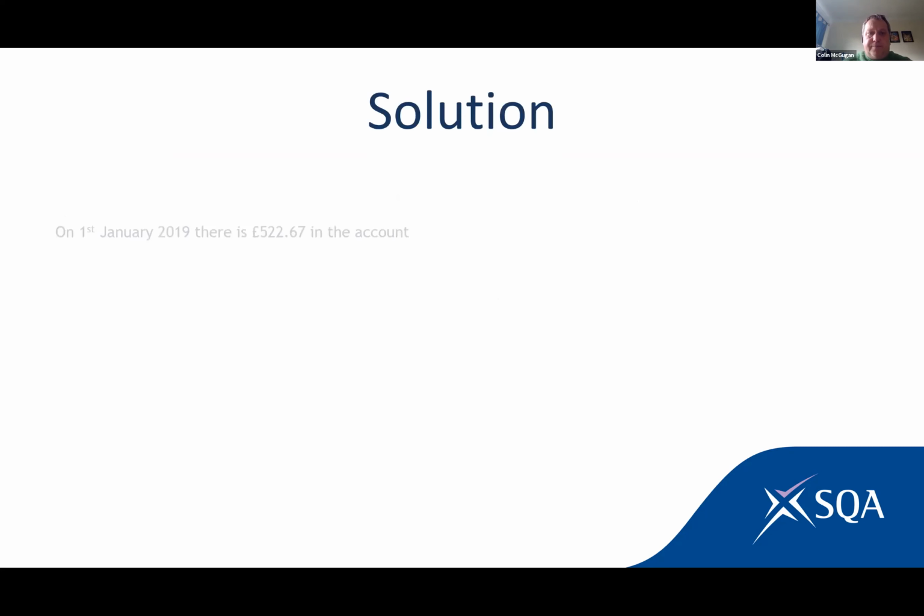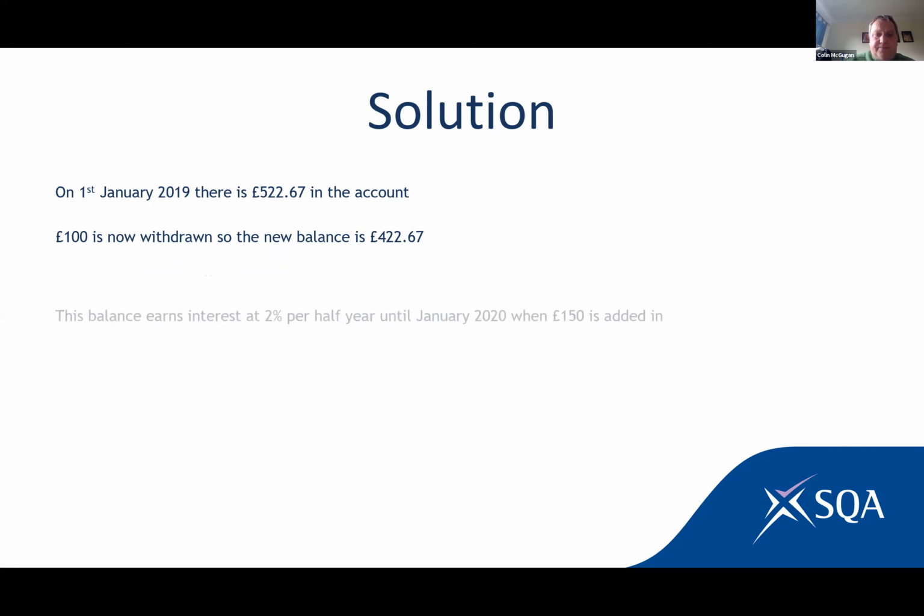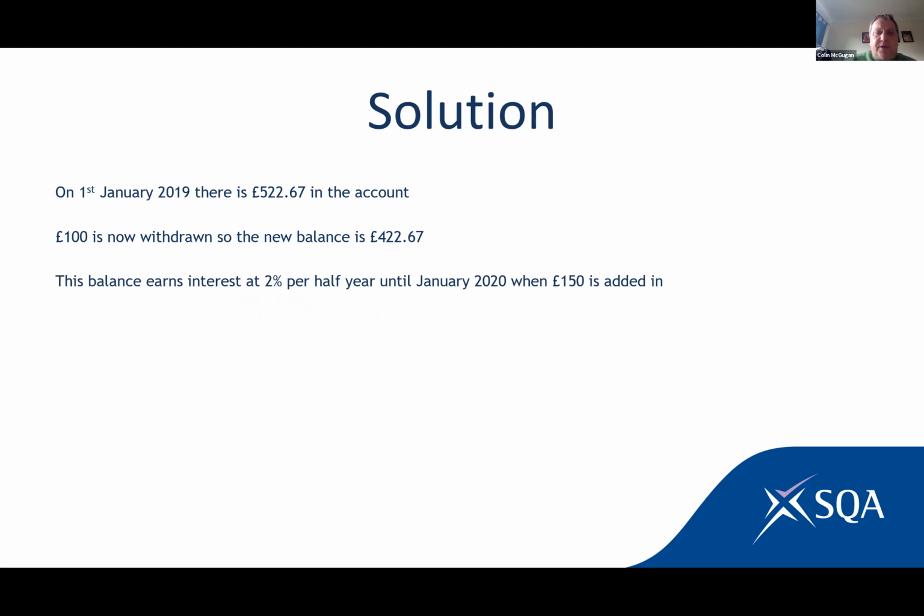So the solution. On the 1st of January, we've already calculated that there's £522.67 in the account. £100 is now withdrawn, so that's the new balance. This balance earns 2% per half year until January 2020, then a further £150 is added in.